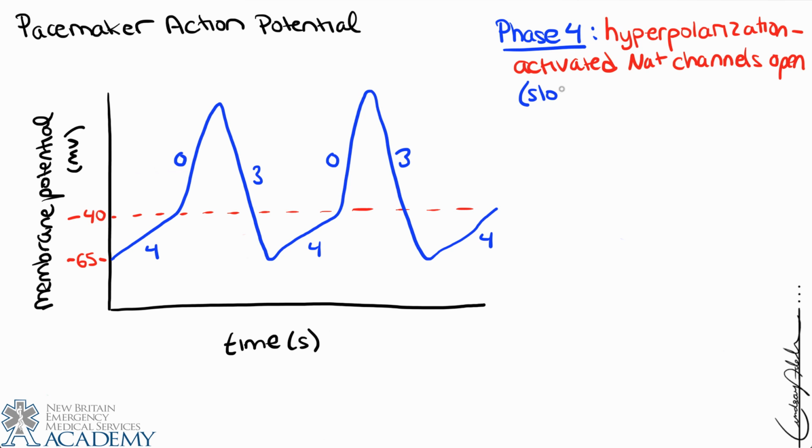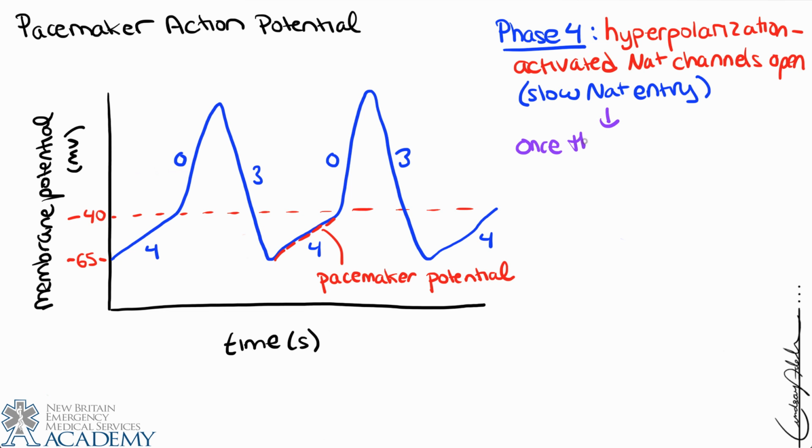So the hyperpolarization leads to sodium channel opening and slow sodium entry. It's going to be very important as we talk about the different types of cardiac action potential to remember the cases where the ions are entering slowly and the cases where the ions are entering rapidly. So slow sodium entry is going to occur until we get to the threshold potential of about minus 40 millivolts.